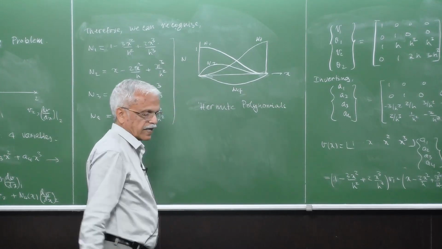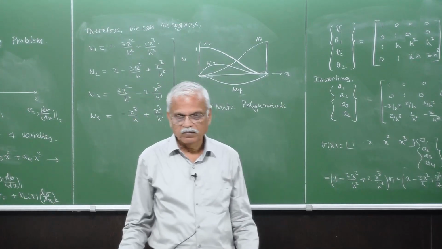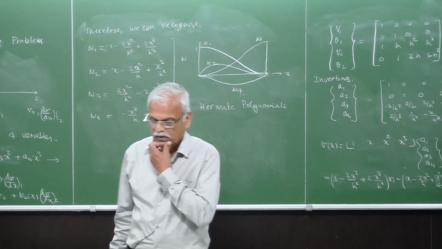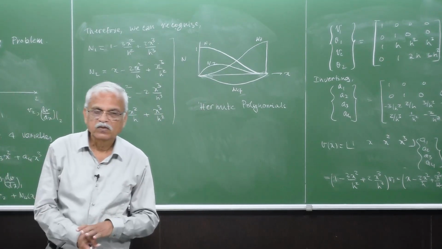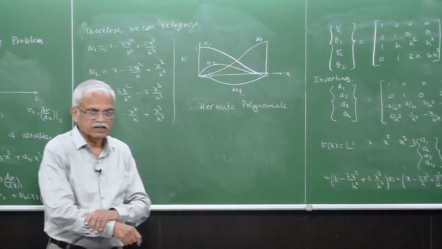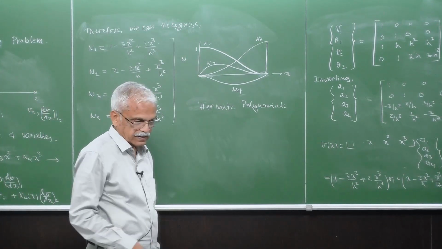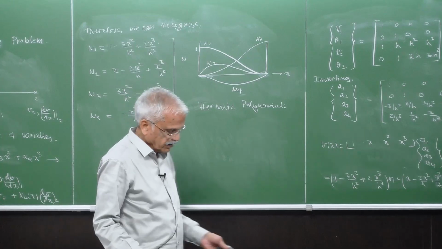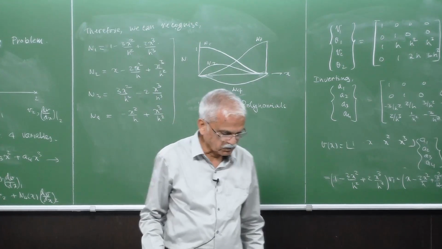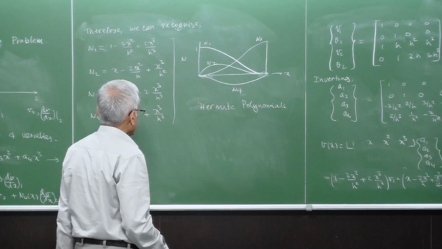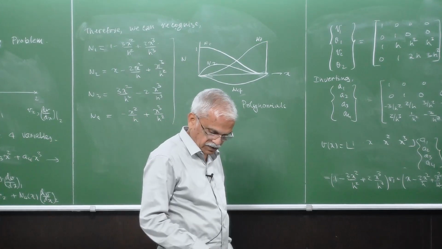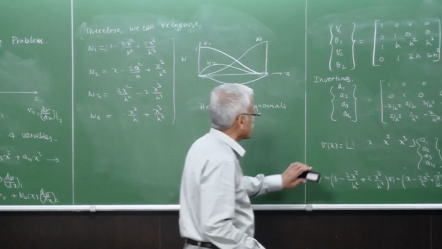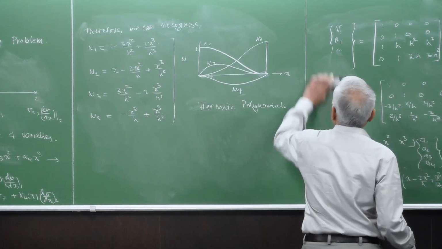These are higher order than Lagrangian polynomials. Lagrangian polynomials only talked about the function value, whereas Hermite polynomials talk about the function value as well as the derivatives. Okay. So this is how we formulate the various shape functions.